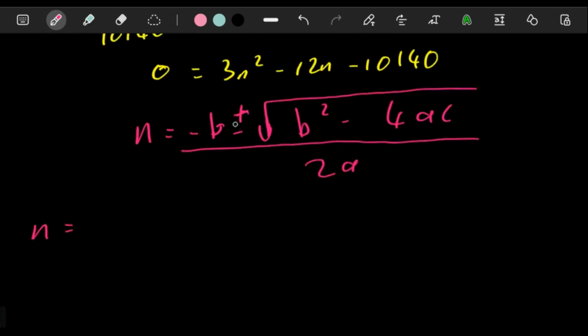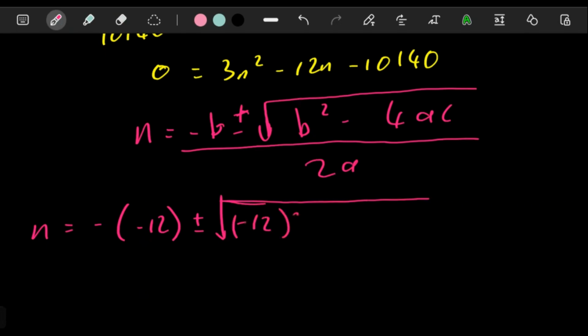So b here is -12. Let's see, b is -12 squared.